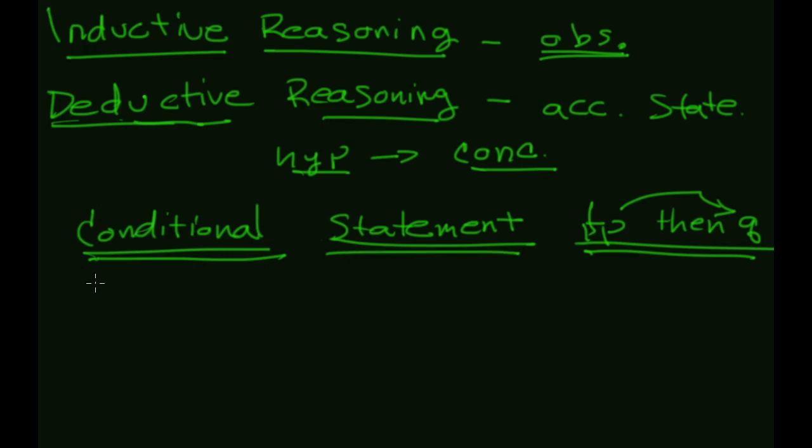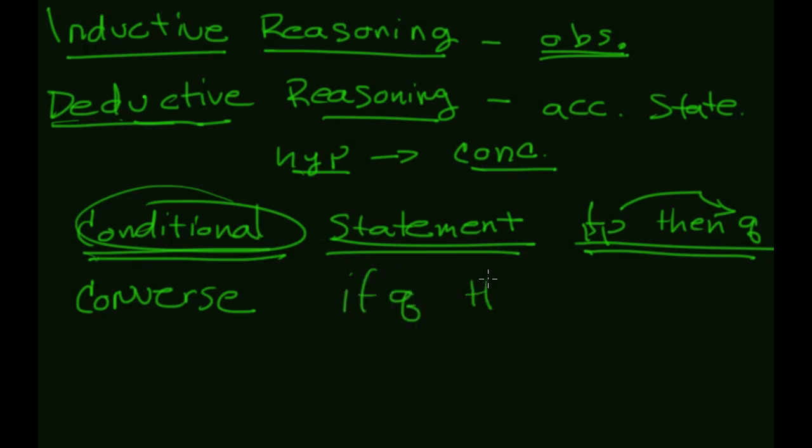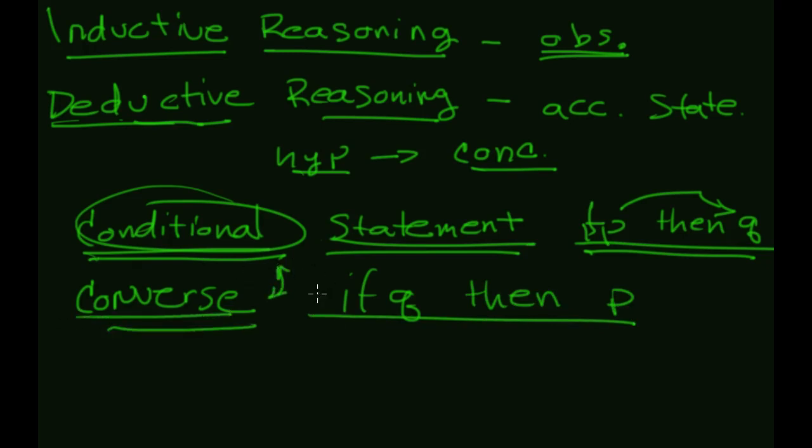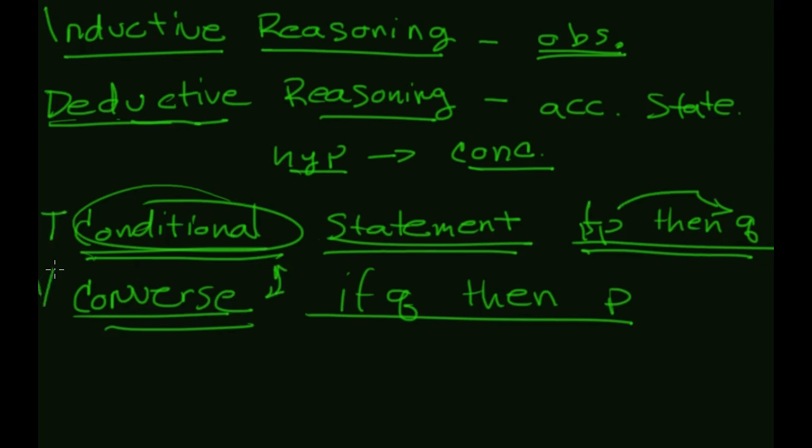The converse is taking the original conditional statement and changing it from if P then Q to if Q then P. These two things do not necessarily have the same truth value. The conditional can be true, and the converse can be either true or false.